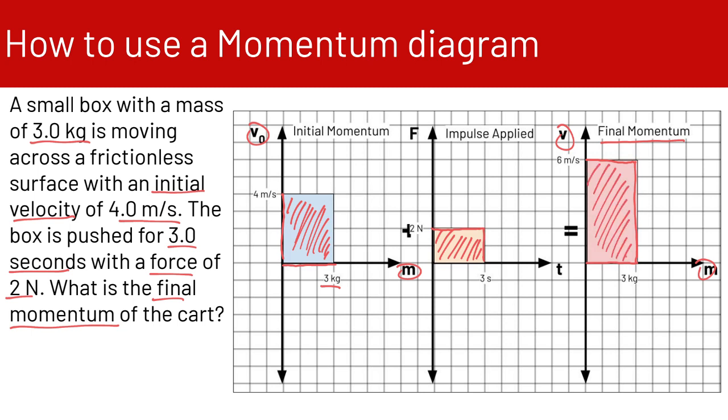So we have a final momentum of 18 kilogram meters per second, and we have a final velocity of 6 meters per second. So by exerting a force of 2 newtons for 3 seconds on the initial box moving at 4 meters per second, we end up with a velocity of 6 meters per second with our mass of 3 kilograms.